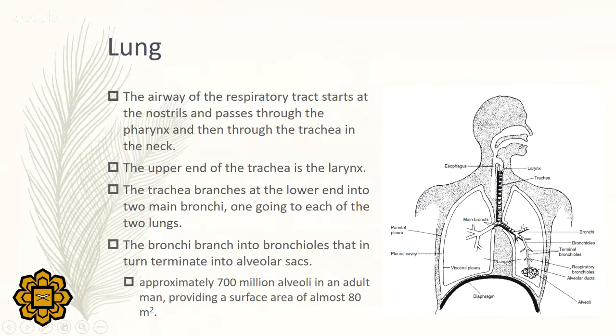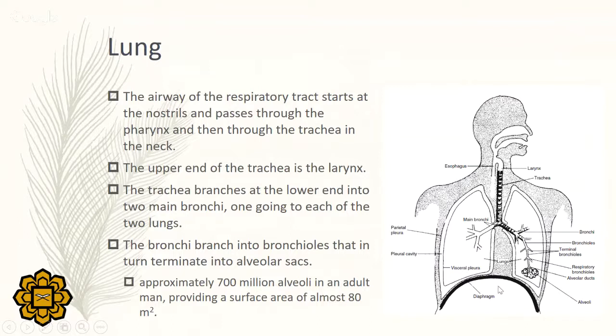At the end of the trachea, it divides into two branches. The branches we call the bronchi, which will go into each lung. So one bronchus, one lung.